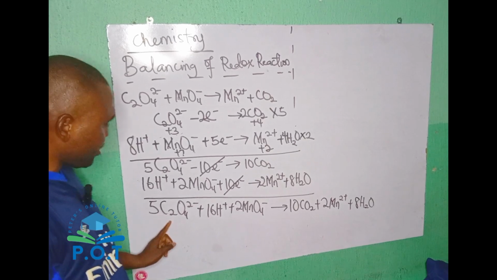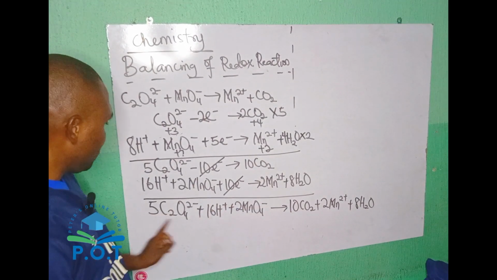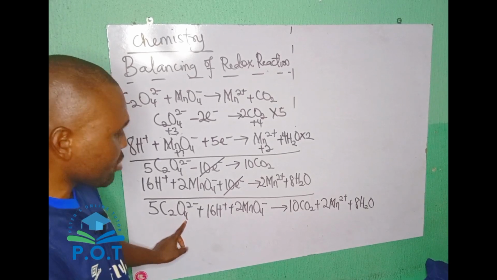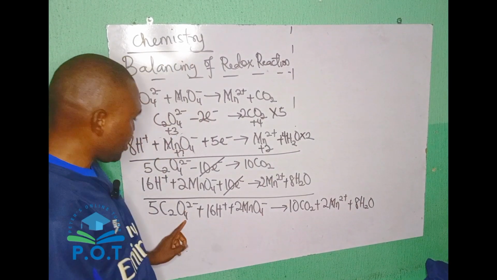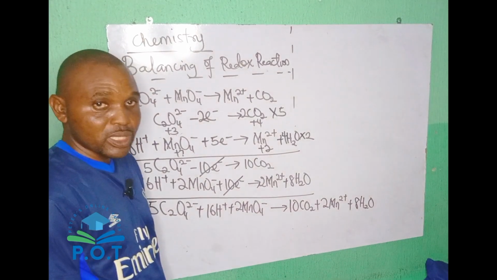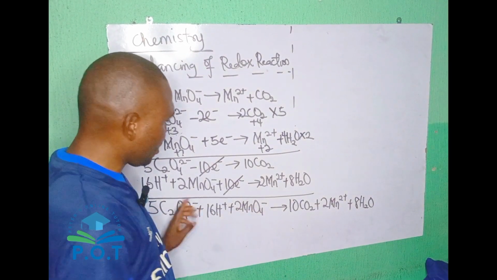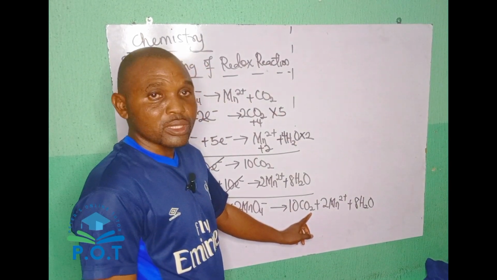So let's check. 10 carbon, 5 times 2, 10 carbons here, so carbon is balanced. 20 oxygen, that's 5 times 4. Then 2 times 4, 8. So 20 plus 8, that's 28 oxygen. On this side of the equation, let's check here. 10 times 2, that is 20.